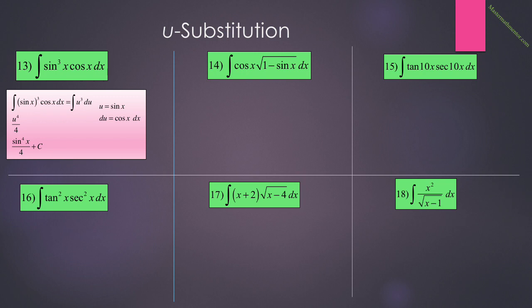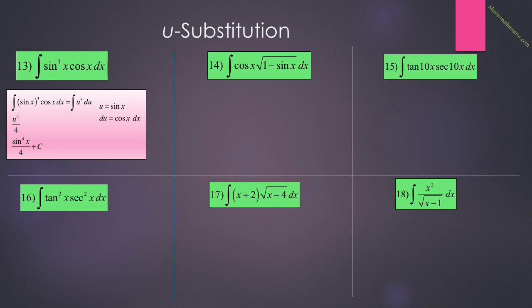U could either be sine of x or cosine of x. If u is cosine of x, du is negative sine of x dx. But we have a sine of x cubed. That won't work. So we will let u equal sine of x, and du is equal to cosine of x dx. And we have it.